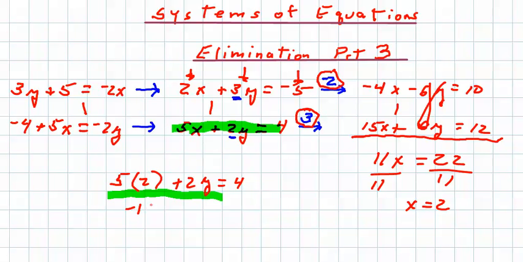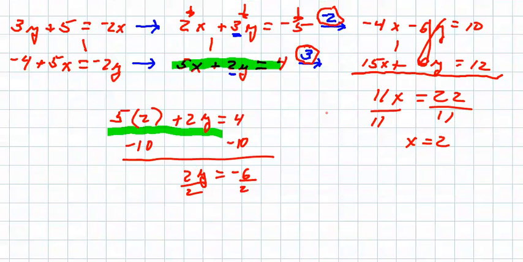Subtract 10 from both sides. 5 times 2 is 10. And I get 2y equals negative 6. Divide by 2. And y is equal to negative 3. My answer then is the ordered pair 2, negative 3.